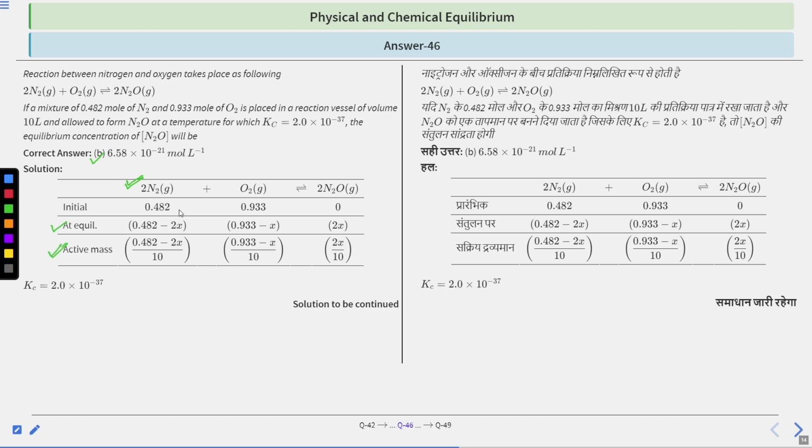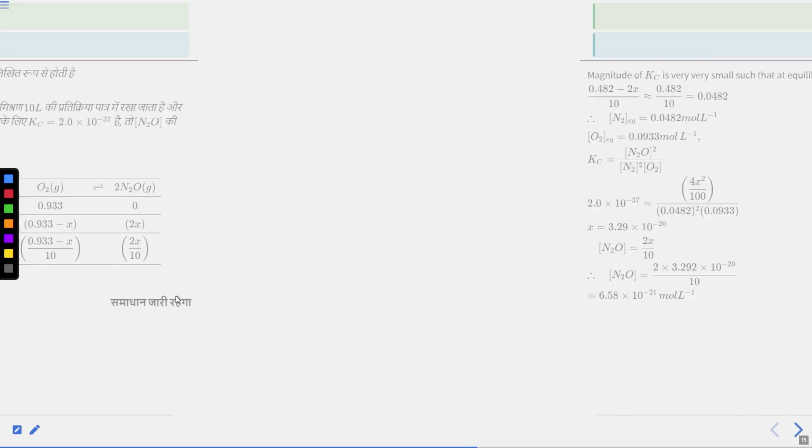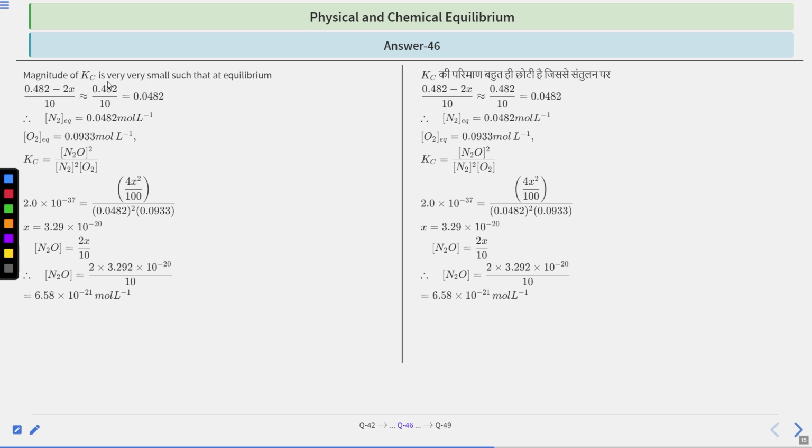Active mass, if we find out, it will be 0.482 minus 2x divided by 10, that is the volume, so it is concentration. So 0.933 minus x divided by 10 for O2 and 2x by 10 for N2O. Now we have the Kc for this reaction as 2 into 10 to the power minus 37, and we have to find out the equilibrium concentration of N2O, that is 2x by 10. The magnitude of Kc is very, very small, such that at equilibrium, the concentration of N2, that is 0.482 minus 2x divided by 10, will become equal to 0.482 divided by 10.